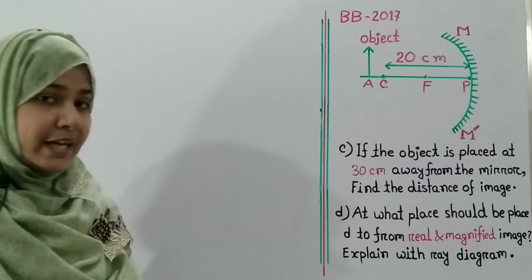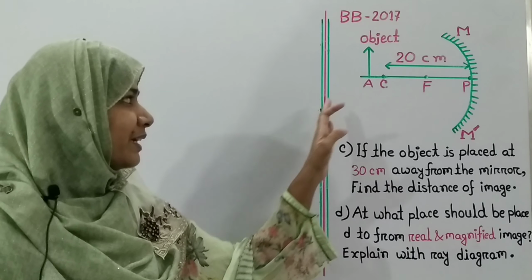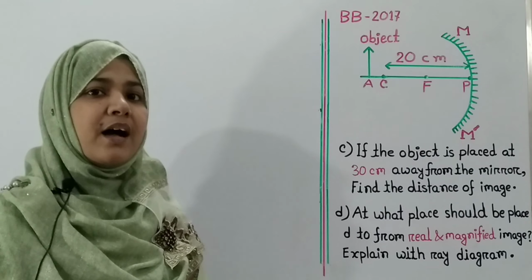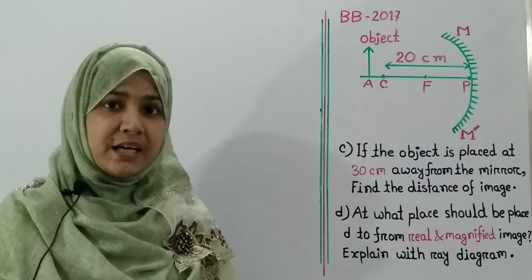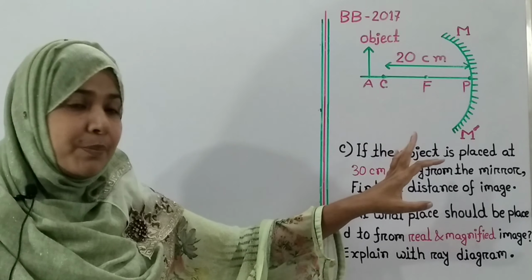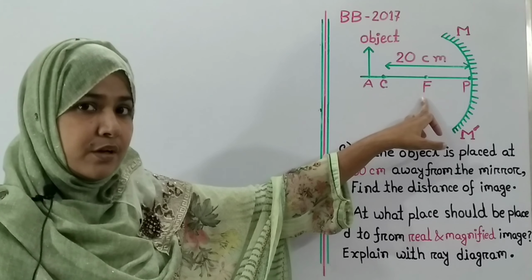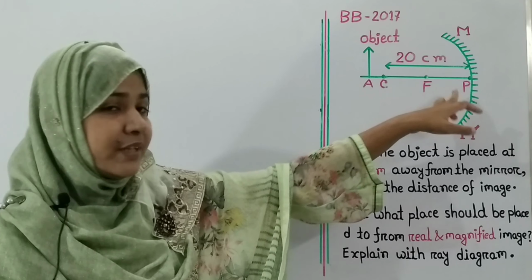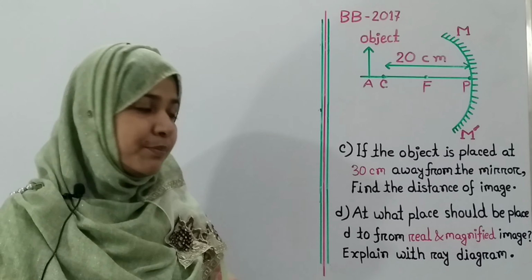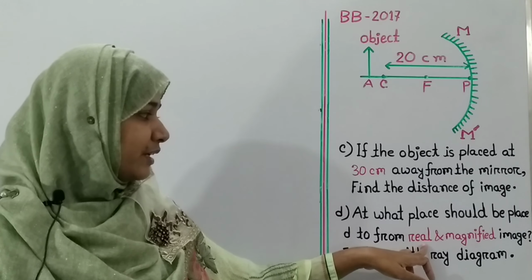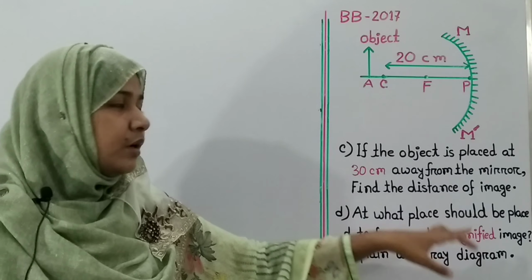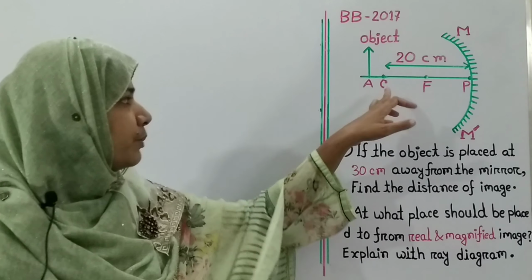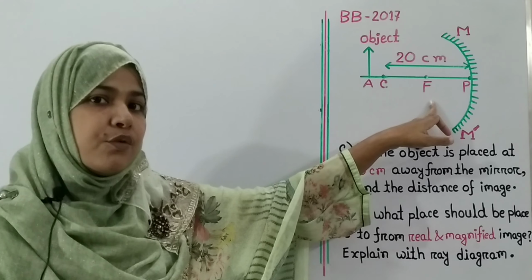So you know that whenever we put an object near a concave mirror, we can find a magnified image, but the object must be placed between C and F, because if we place the object between P and F, then we will find a virtual image, but the question says real and magnified image. So to form the real and magnified image, the object must be put between center of curvature and focal length.